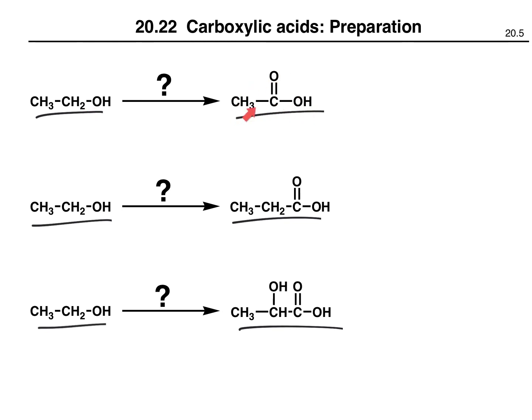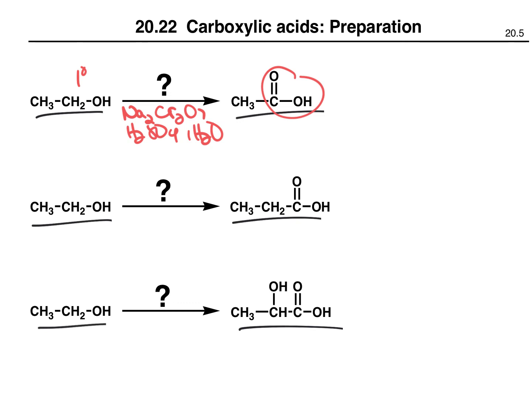So we still have 2 carbons, so we're not adding any carbons. This one is a simple oxidation. So we can use sodium or potassium dichromate, sulfuric acid, and water. And this is going to oxidize our primary alcohol to a carboxylic acid with no additional carbons.